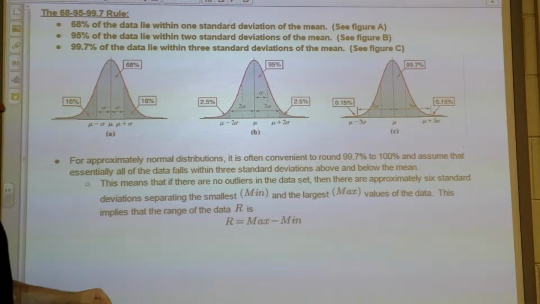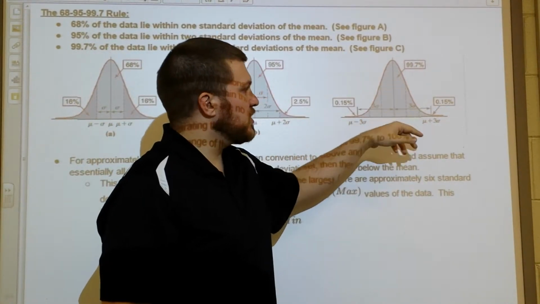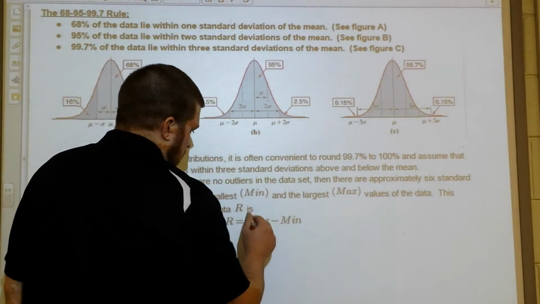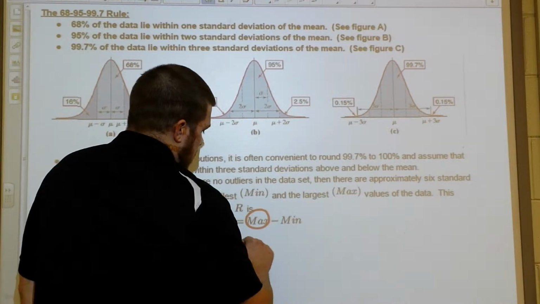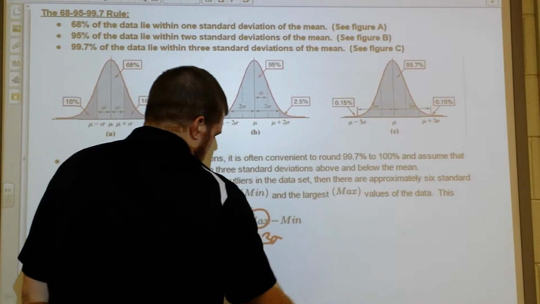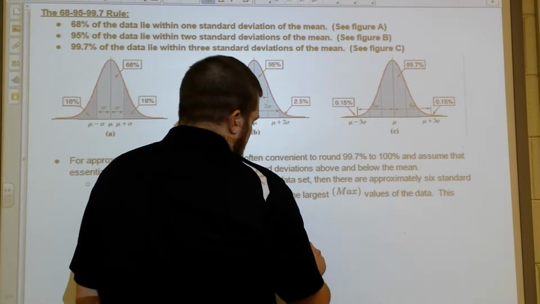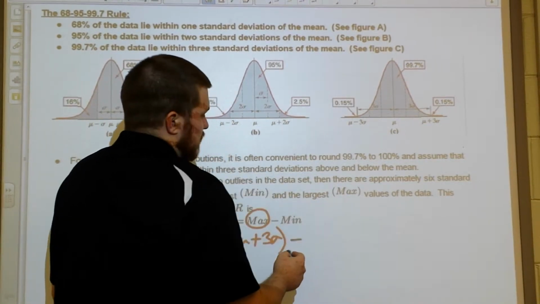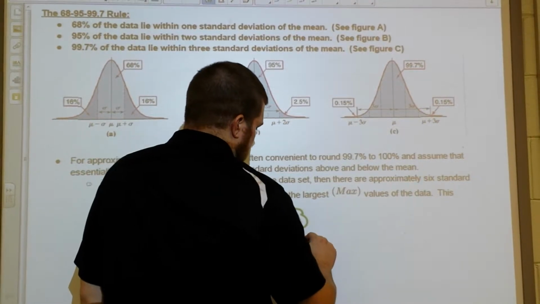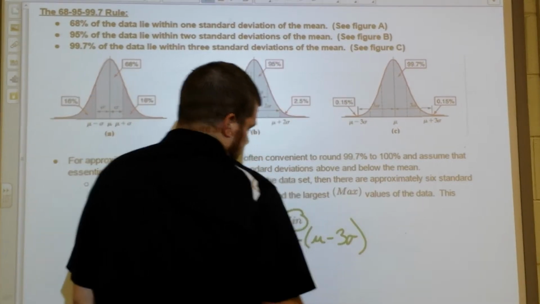And that's what I just said here. So when we have 3 standard deviations, we're talking about approximately 100% of the data. So that means that the max value is going to be the mean plus 3 standard deviations, and the minimum value is going to be the mean minus 3 standard deviations.